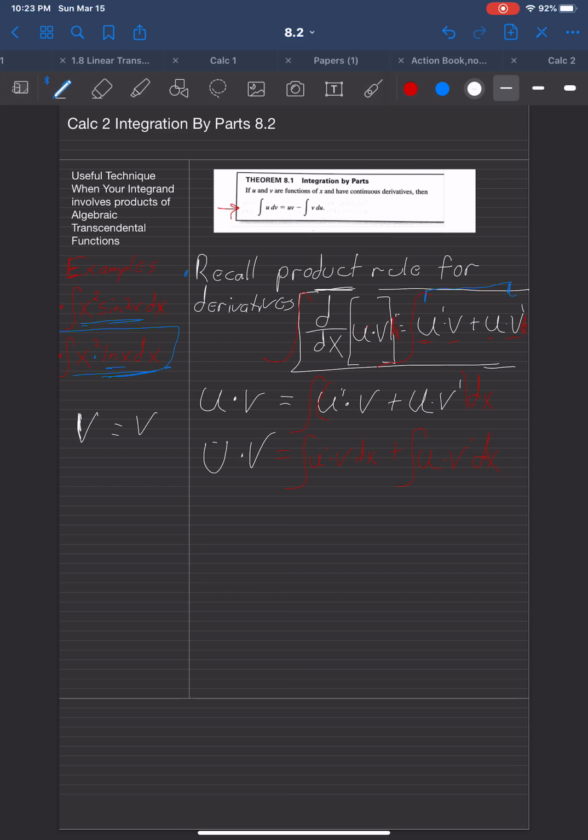Okay, so let me continue. I'm going to take the derivative of v with respect to x on both sides of this equation, but I'm going to write it in two different notations so that you see it. If I take the derivative of v with respect to x on the left side, that's the equivalent of just v prime, right?